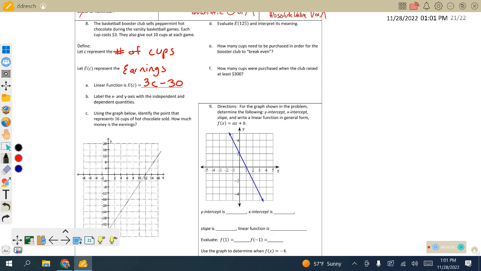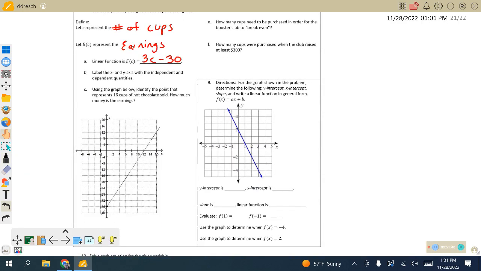You've got your independent and dependent variables already labeled, C and E. Where are these two going on our X and Y axis? Okay. So the X axis, is that the earnings or is that the cups? That's the cups. That's the independent. That's the domain. So this is going to be the number of cups. And what do you get in return?